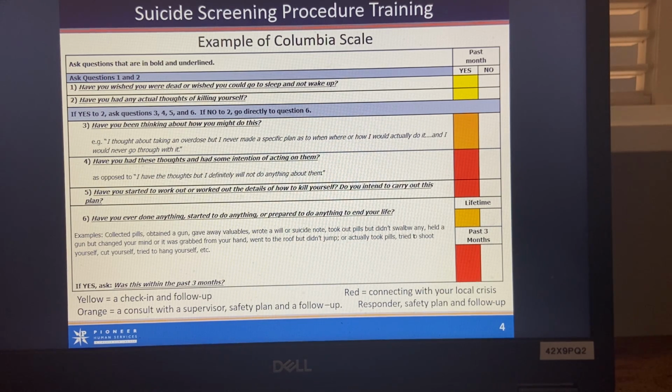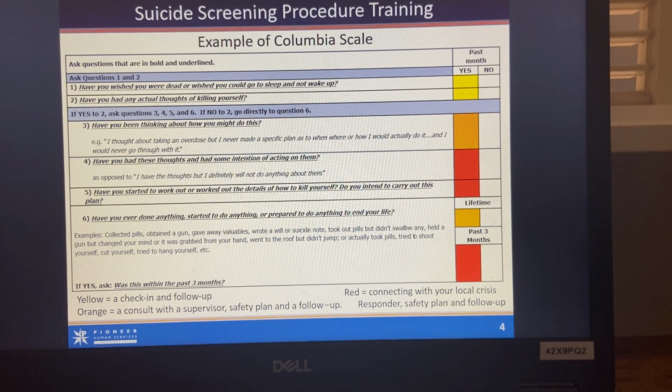If they say yes, you ask if they've had these same thoughts in the past 3 months. If they say yes to that question, it typically is a risk that an individual has plan, has access, has means, and plans to carry out an attempt at taking their own life.